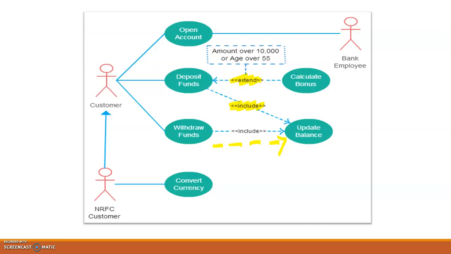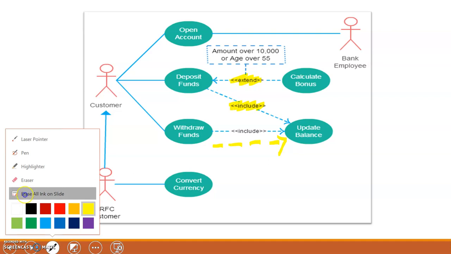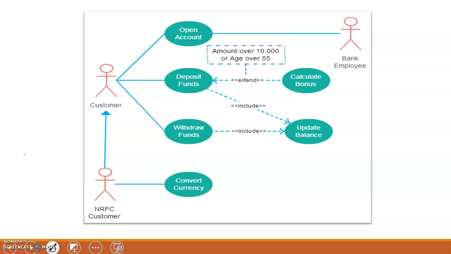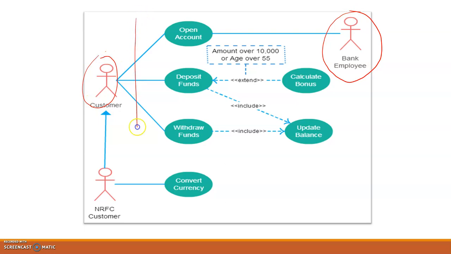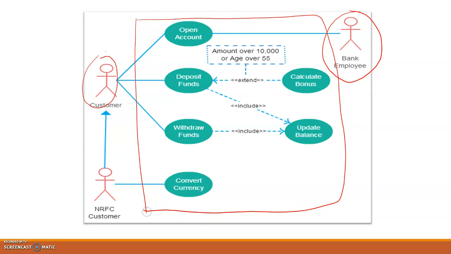So a few things about the extend and include relationships. Let's recall all the points once again, quickly, and we'll cover all the points of the use case diagram. First, here you have actors. The boundary is not drawn, but yes, this is the boundary.